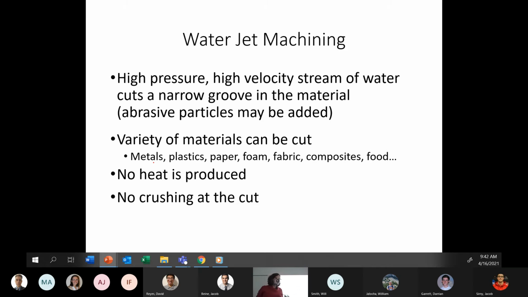I was talking with an expert in water jet machining, and I was fascinated with this. You may go to the grocery store and notice, especially if you're buying fish, that it's quite common for the packages to all be, let's say, 4 ounces or 6 ounces, but the shapes are all different. How is that done?